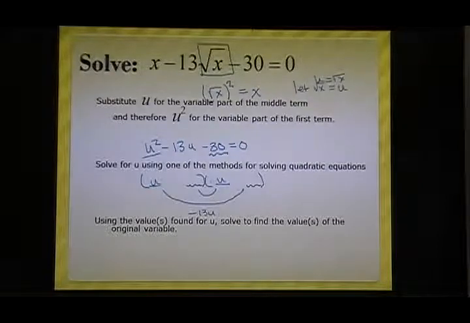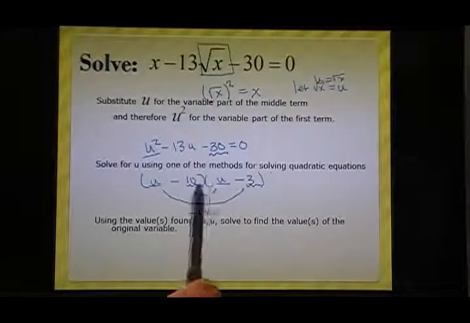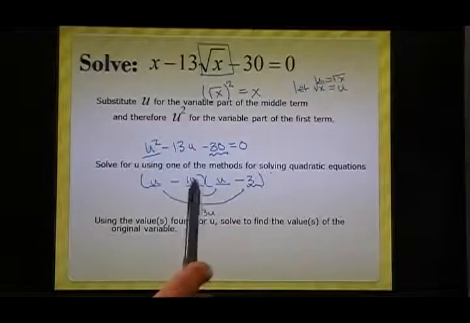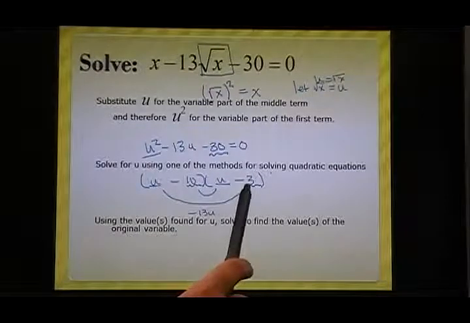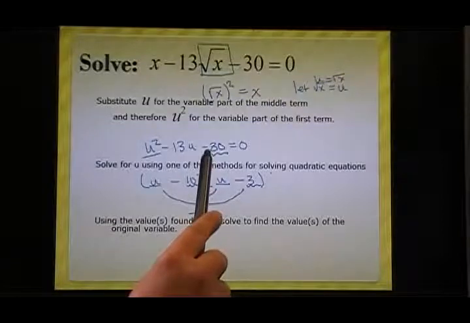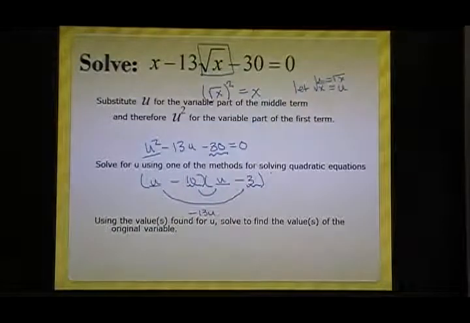The most common mistake people would make is doing -10 and -3. Why does that not work? -10 times -3 is not -30, it's +30. This is not the correct factorization.